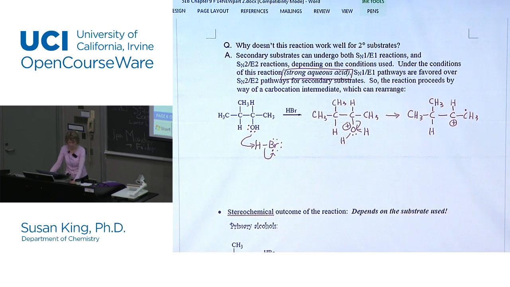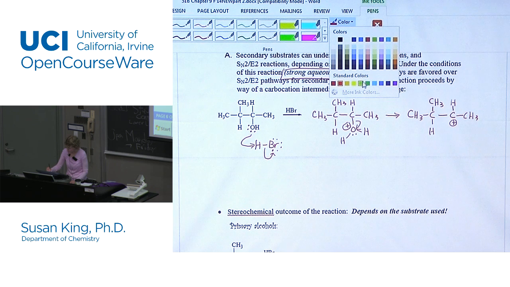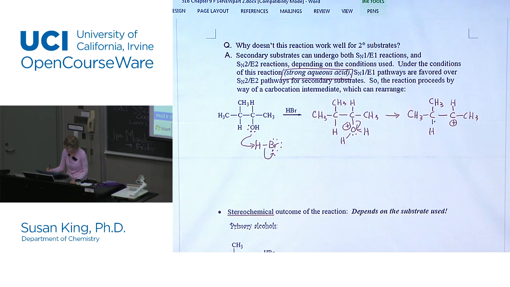And we have a nice rearrangement here. We can do a 1,2 hydride shift. So let me change colors for that. Just like this. So the arrow should come from that carbon-hydrogen bond to move over to the carbon.